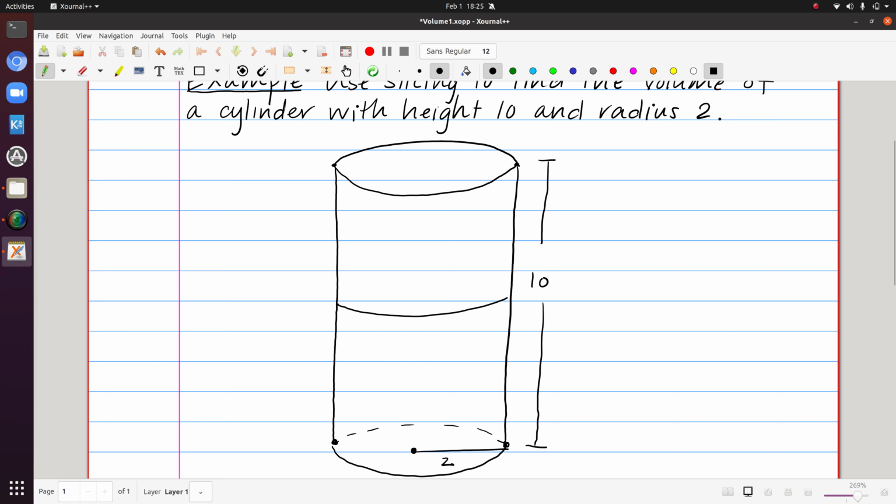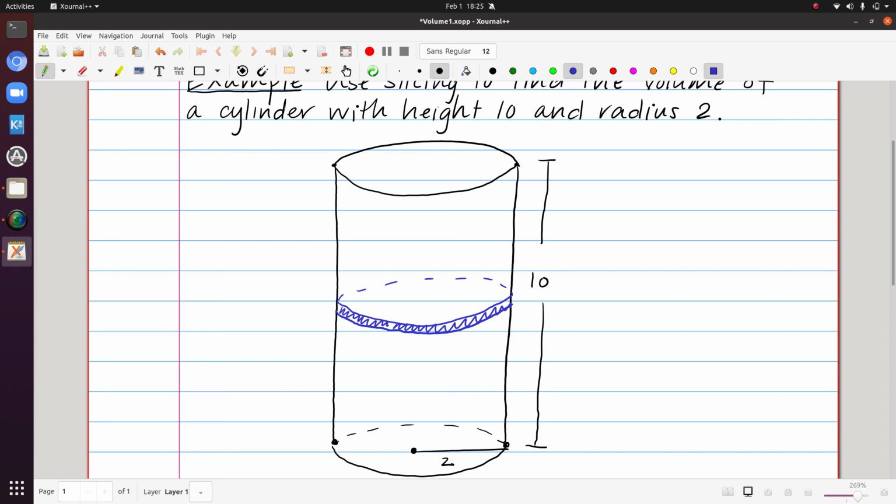Let me use a different color. Let's consider a very thin slice that I make on this cylinder. I cut through it horizontally, and just like we have a width for a rectangle, I'm going to have a little thickness in my slices.